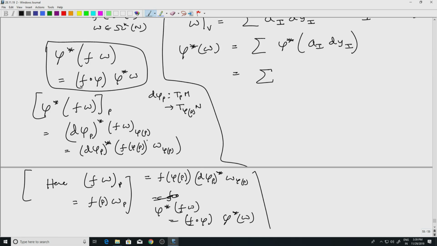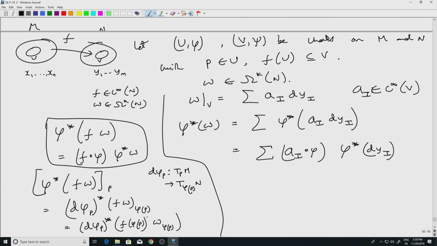So using that, here I get A_I composed with phi and then phi star of dy_I.